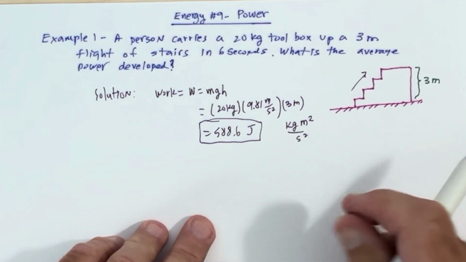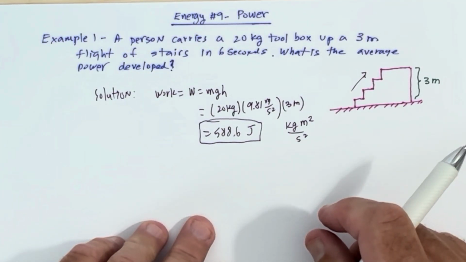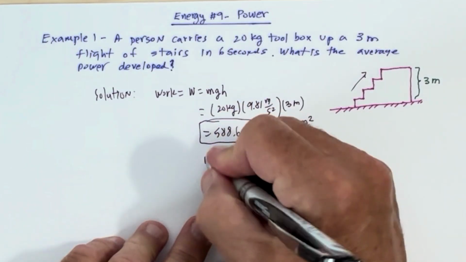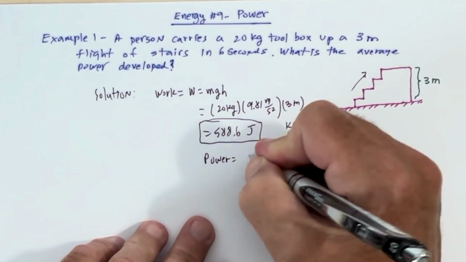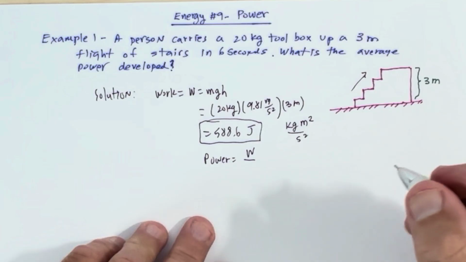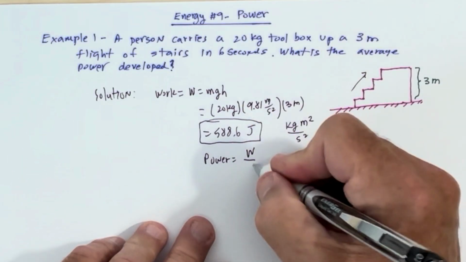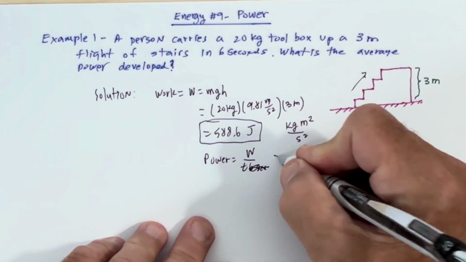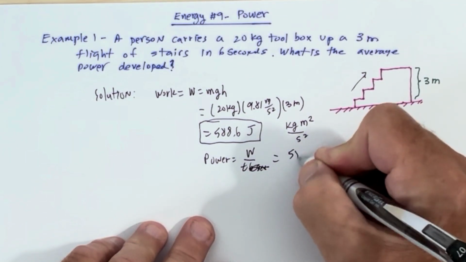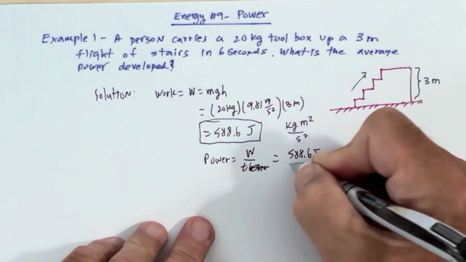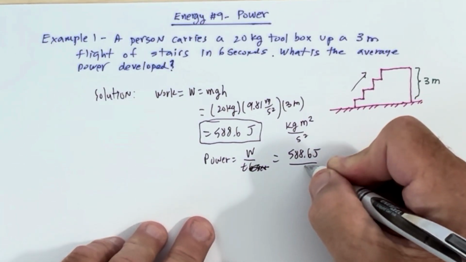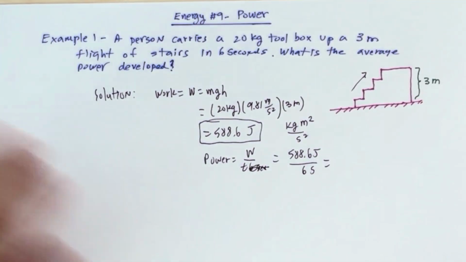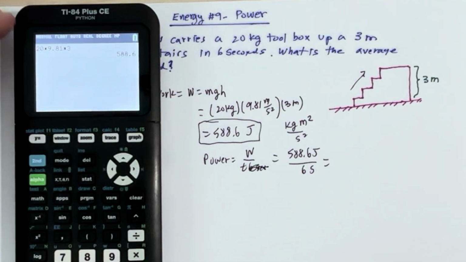But now we want to calculate the power. So the power is equal to work per unit time. And so we do this in 6 seconds. So that's going to be 588.6 joules divided by 6 seconds. So that's going to be joules per second.